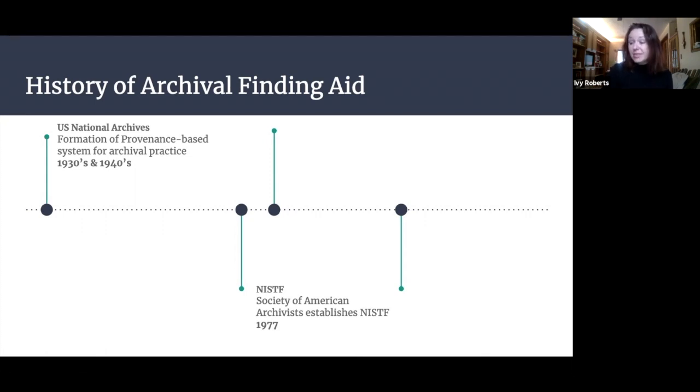And in 1977, the SAA established the National Information Systems Task Force, or NISTF, to explore ways to standardize archival description using computerized methods. In the 1980s, NISTF recommended and implemented the MARC-AMC standard, a bibliographic cataloging network for archives and manuscript control.